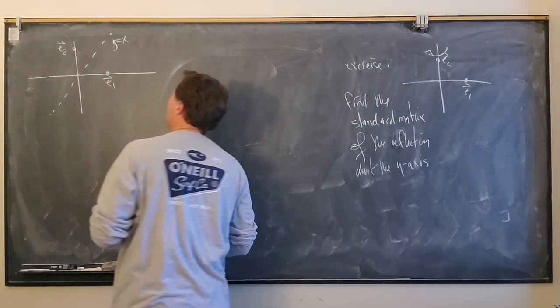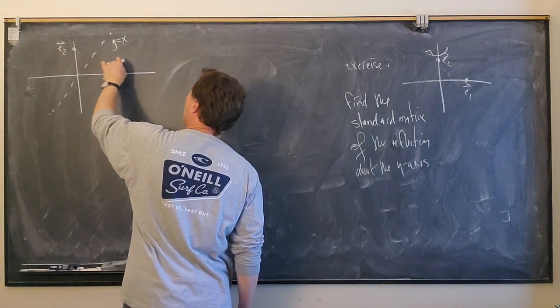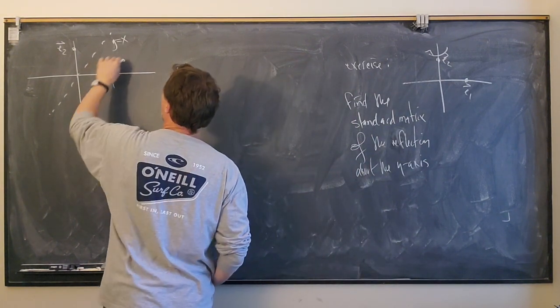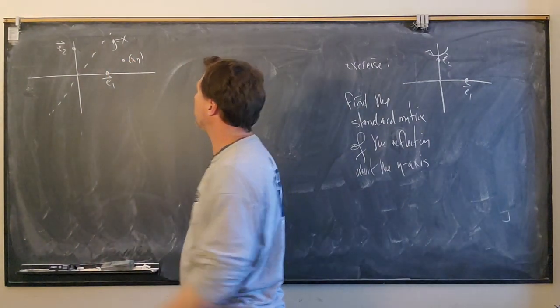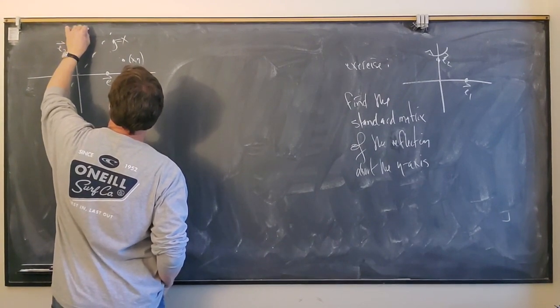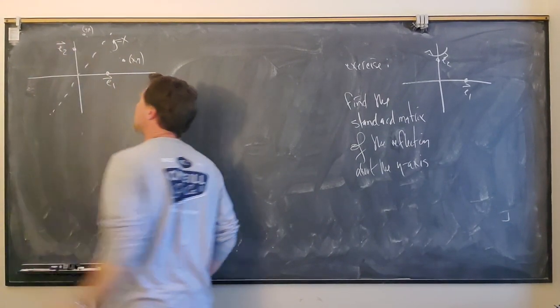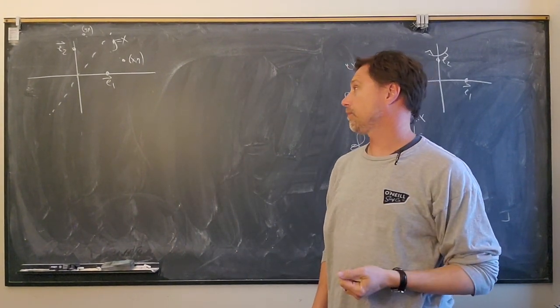What happens when you take any point and flip it about the line y equals x? Here's a point, call that x comma y. What happens when you flip it? It ends up over there, the roles of x and y get reversed.